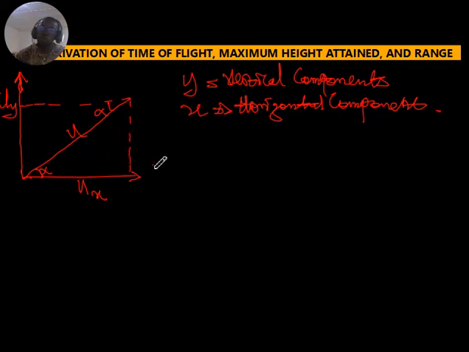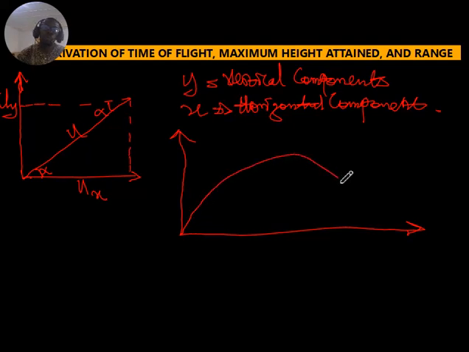So projectile motion could be the motion of an object that is launched into space and is free to move under gravity. For instance, you have this motion of an object. This object is launched and it moves in a parabolic path. This is u, which is the vertical component of velocity, where here you have the x, which is the horizontal component of velocity.